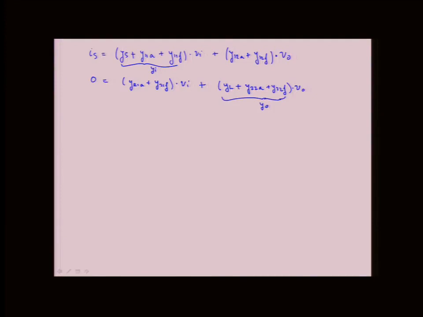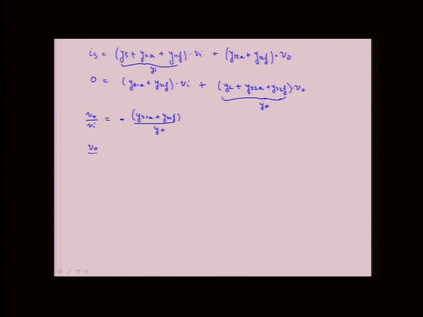From the bottom equation, we can figure out what Vo over Vi is. That will be minus (Y21A plus Y21F) over Yo. Then we can plug that into the top one.